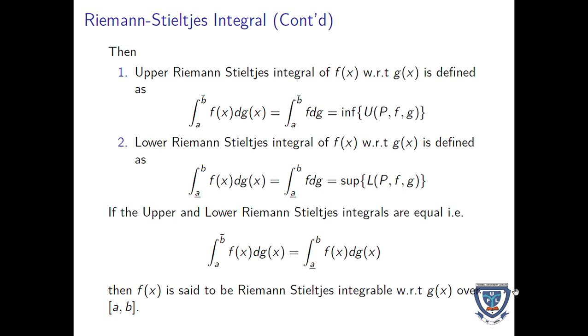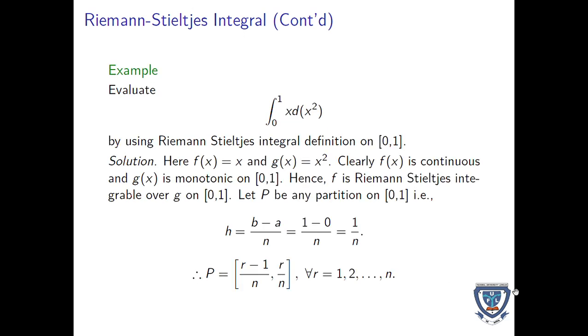If the upper and lower Riemann-Stieltjes integrals are equal, then we say that the function f of x is Riemann-Stieltjes integrable with respect to g of x over the interval [a, b]. Let's take an example. We want to evaluate the integral from 0 to 1 of x with respect to x squared. You are integrating x, but with respect to x squared.